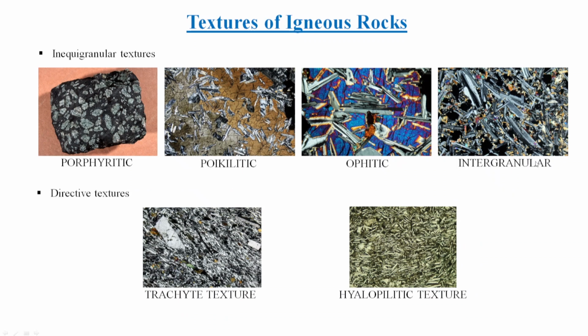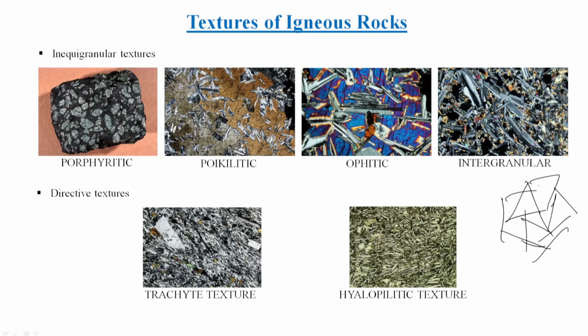If I simply take this pen and draw, there are some features like this, triangles formed by these laths of plagioclase, and inside them there are either fine grained minerals or glass that is trapped. Based on that, it is differentiated as intergranular.